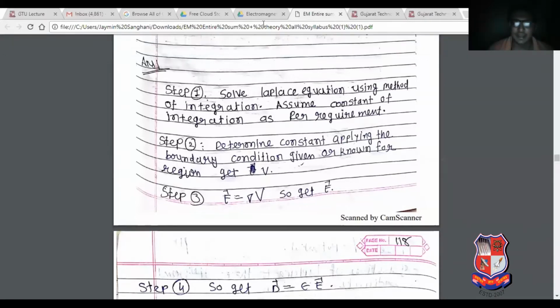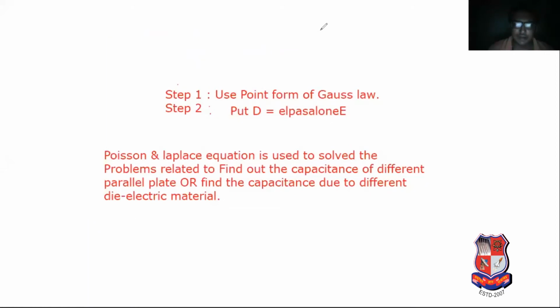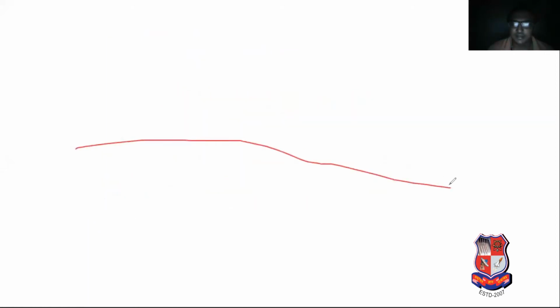That's why I will explain on the whiteboard. What is the boundary condition? See this, this is the boundary between conducting media. Consider this is medium 1 and this is medium 2. Now consider this is the electric field. If the electric field travels from one medium to another medium, at that time its direction can change.